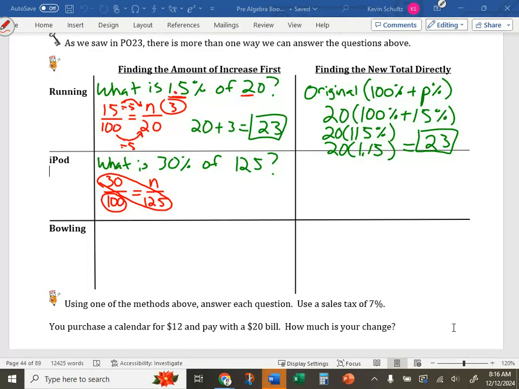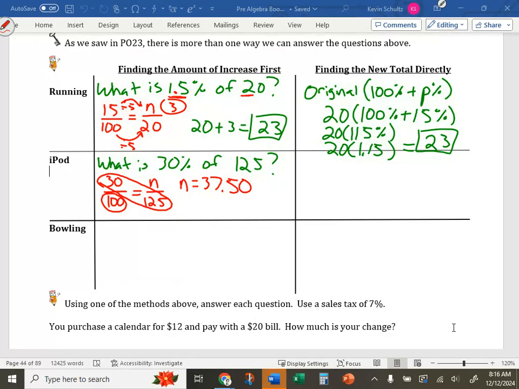Okay? And what does that get you? 175? That seems a little high. 3,750, right? But then divide that by 100. 37.5. And what is that 37.5?